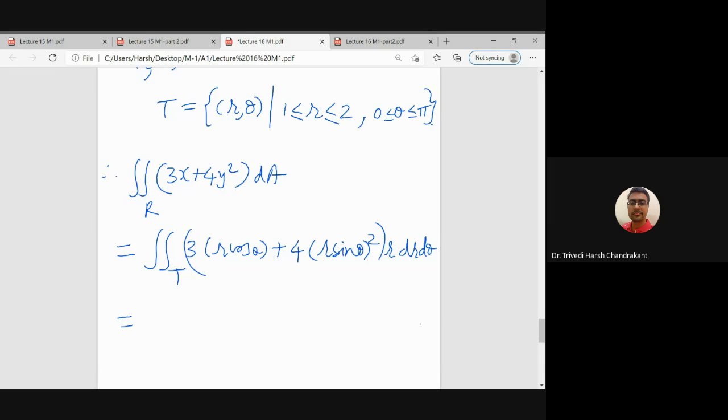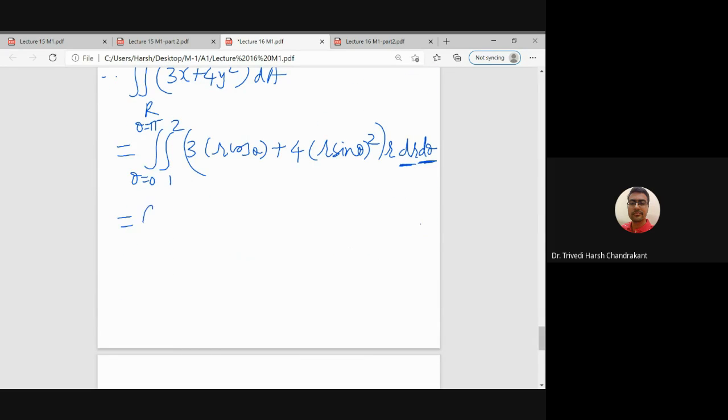We also know the limit of r is between 1 to 2. So that is the first limit, first is dr, and then we have the limit of theta, which is from 0 to pi. So now let us integrate this function.